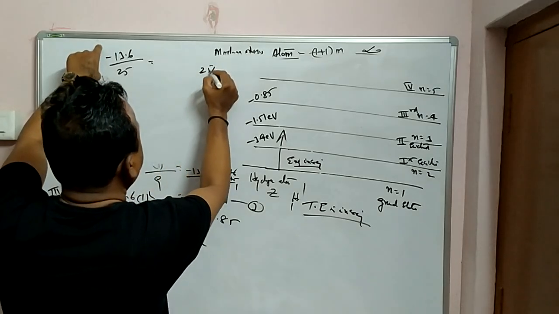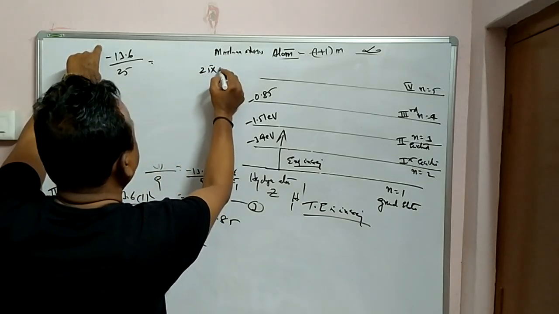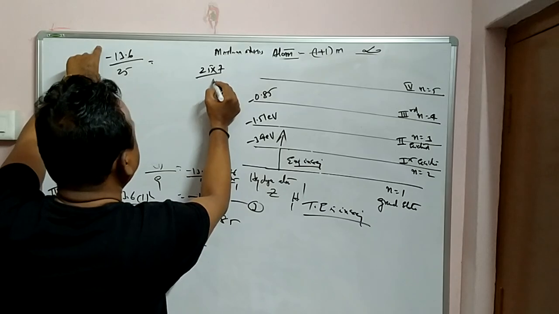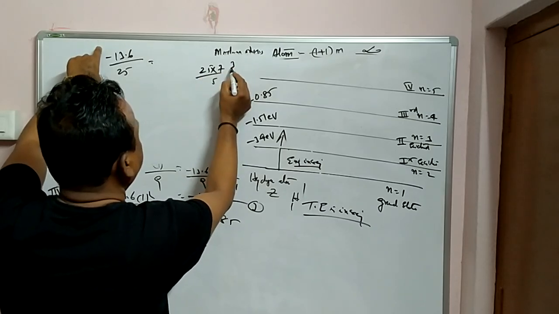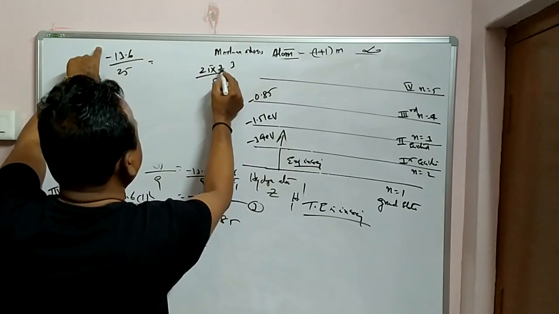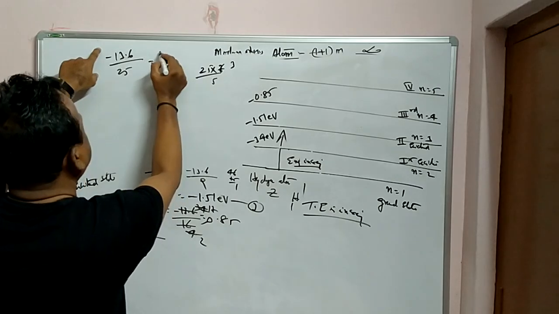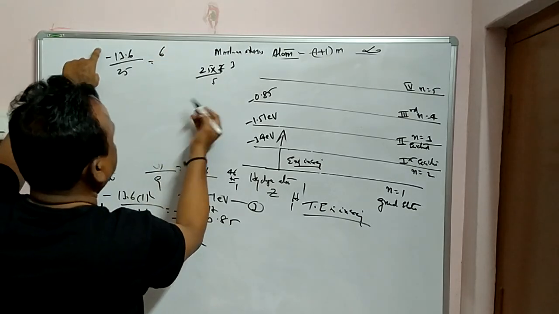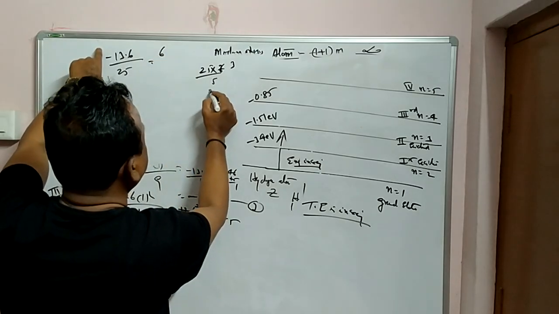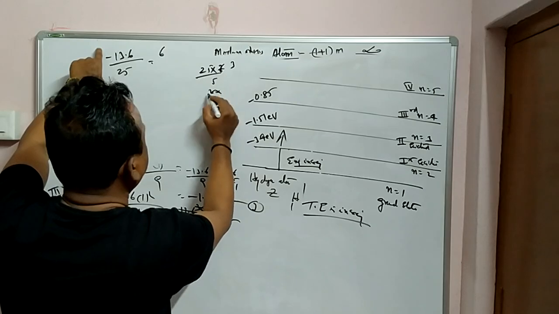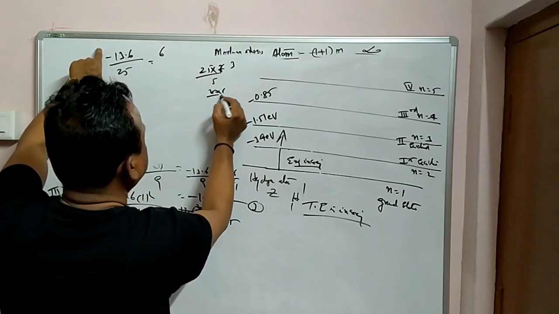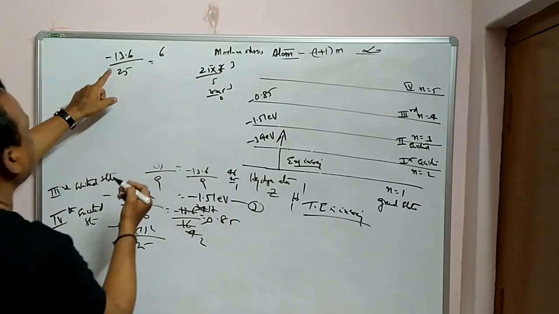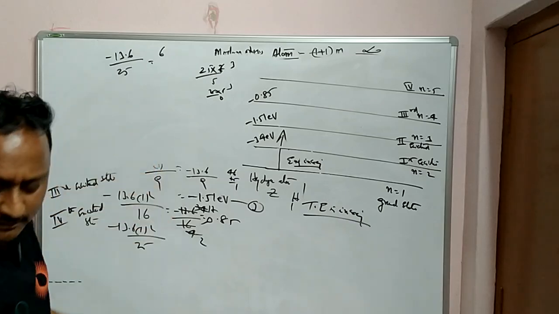You can try 25 6s are 150, so 6 is too much, let us go with 4. 25 4s are 100.